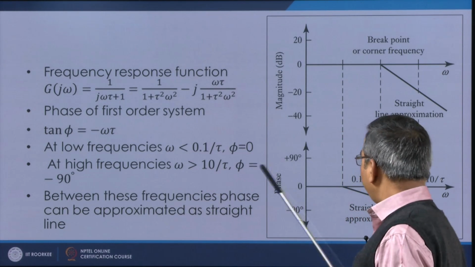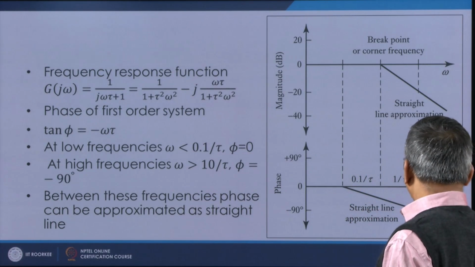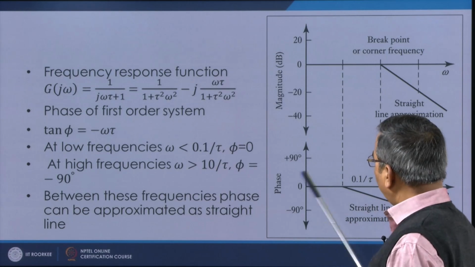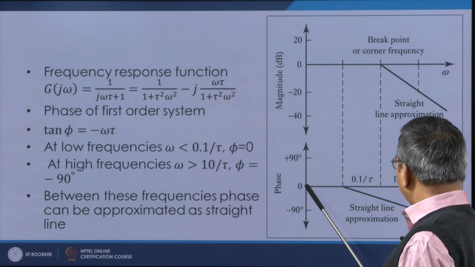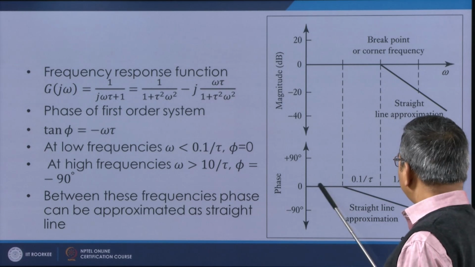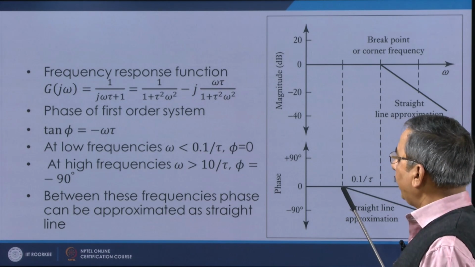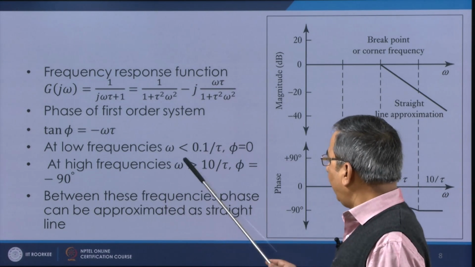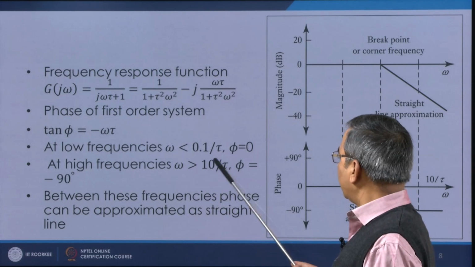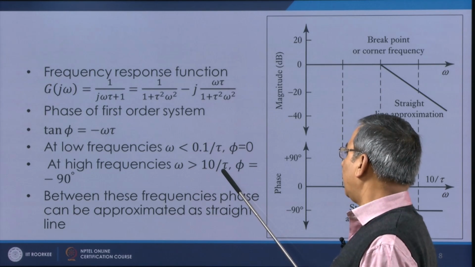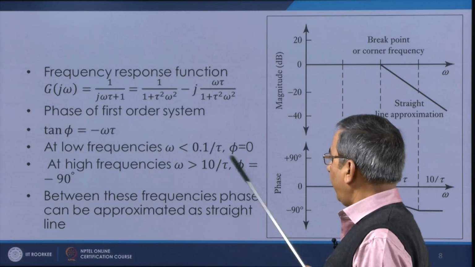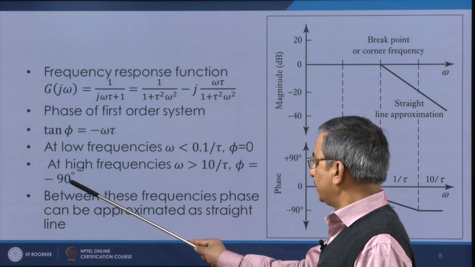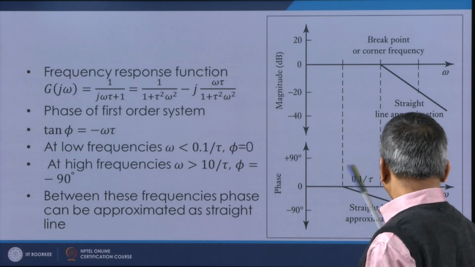Okay. So, if I plot this phase with omega, for omega less than 0.1 by tau, this value is almost 0. Similarly, at higher frequencies, that is omega greater than 10 by tau, or omega tau greater than 10, this phi value will be equal to minus 90 degrees.